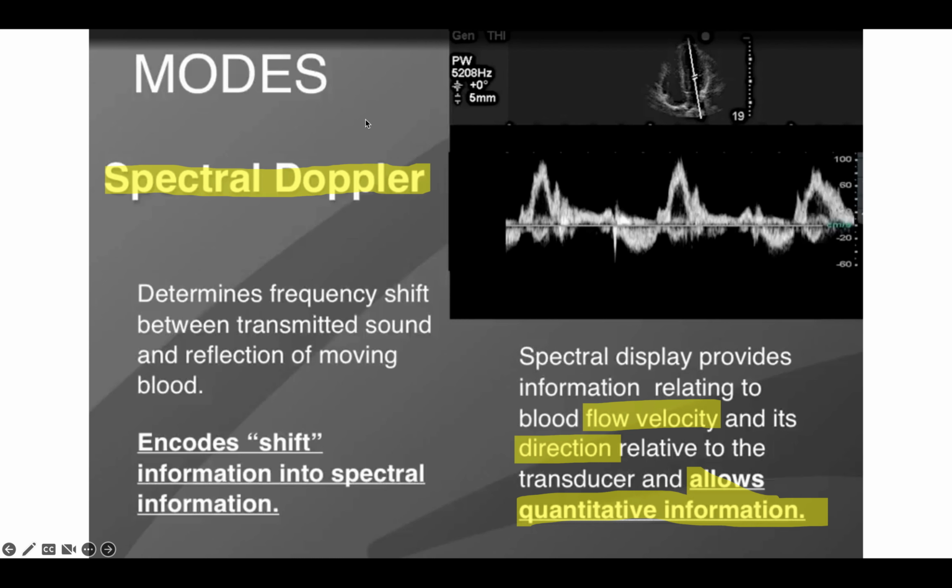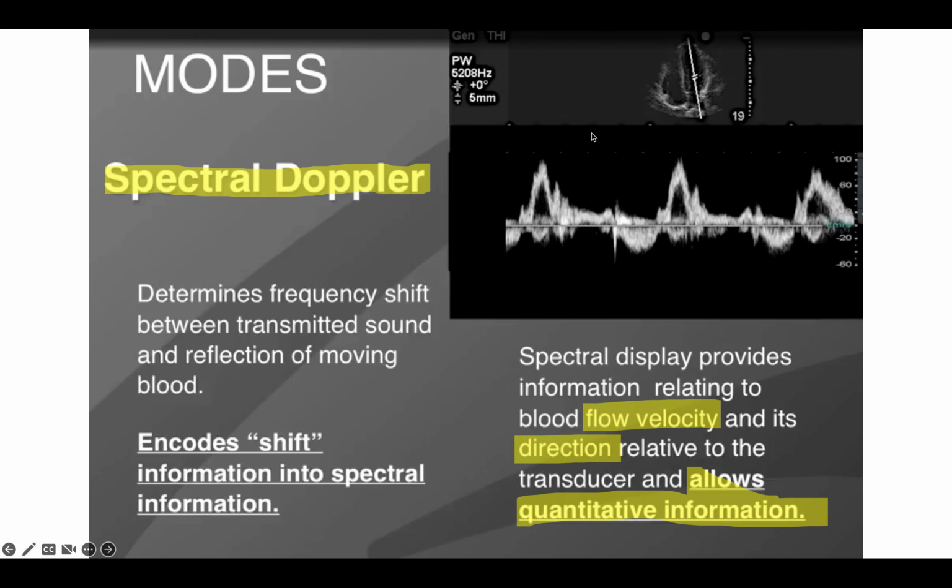One mode is called spectral Doppler. Again, it's used to assess velocity of flow and also direction. It's plotted as a spectrum. When this line goes above the baseline, flow is toward the transducer, and when it's below, it goes away from the transducer.